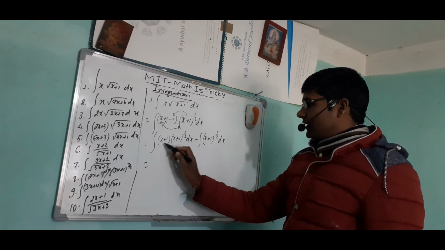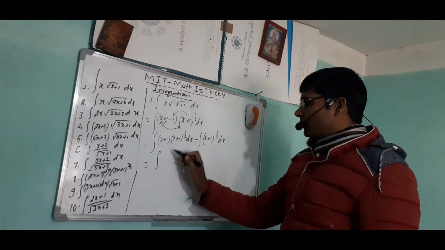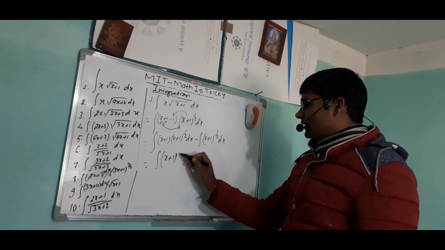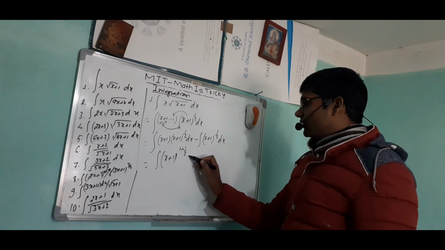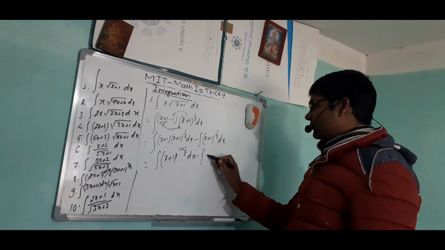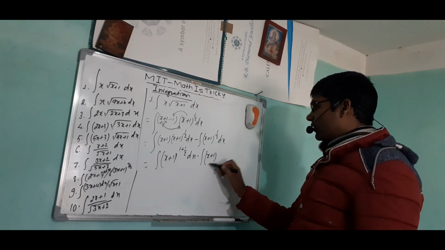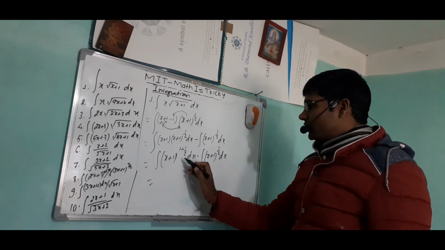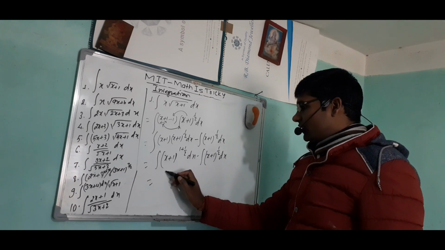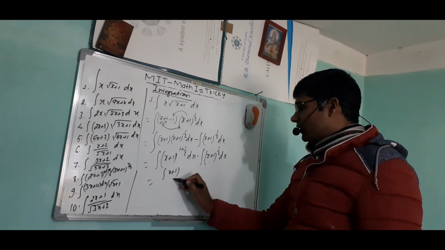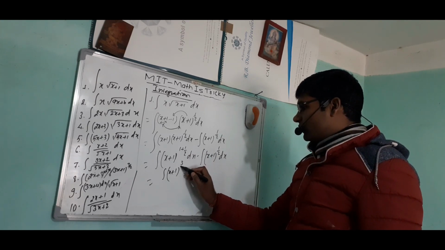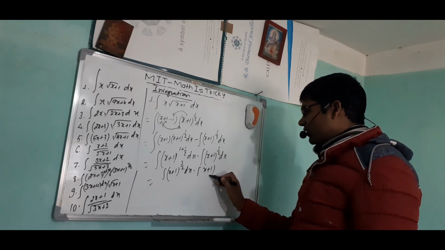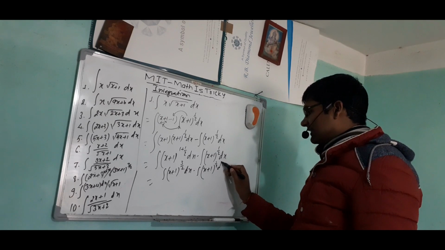As the base is the same, we can add the power: x plus 1 raised to 1 plus 1 by 2, and this is simply x plus 1 power 1 by 2 dx. Now this is going to be 2 plus 1, 3 by 2, so x plus 1 power raised to 3 by 2 minus x plus 1 power raised to 1 by 2 dx.